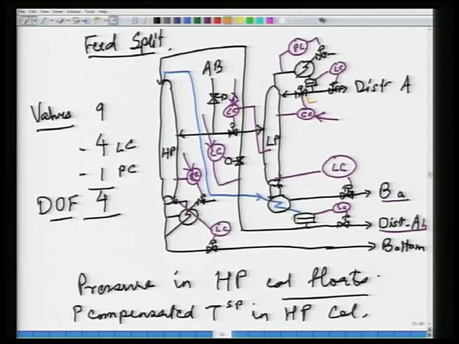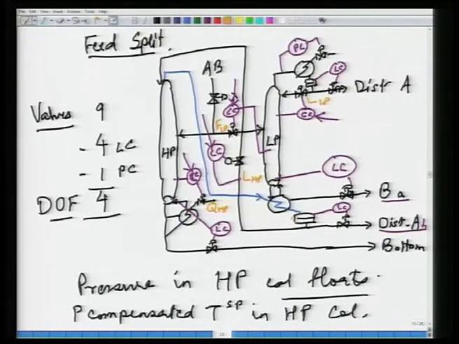How much reflux am I putting into the HP column? So, reflux in the low pressure column, reflux in the high pressure column, the feed split, the feed going into the low pressure column 1, 2, 3 and finally, the steam going into the high pressure column.